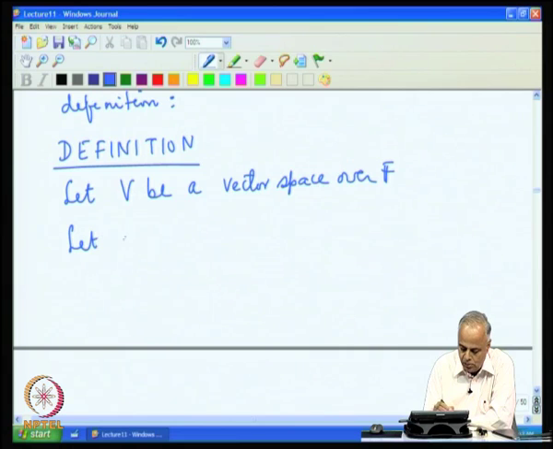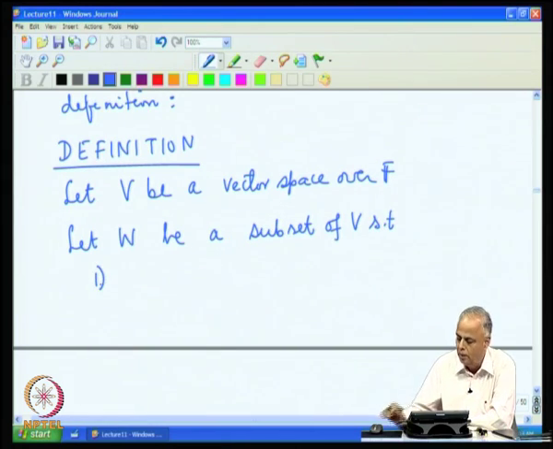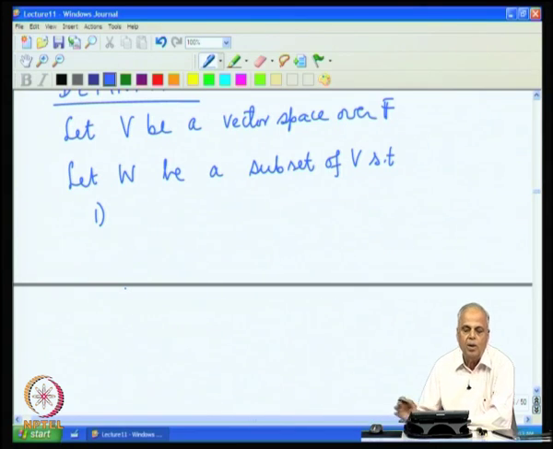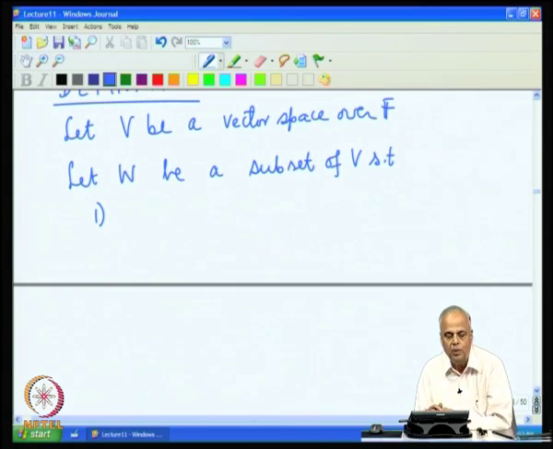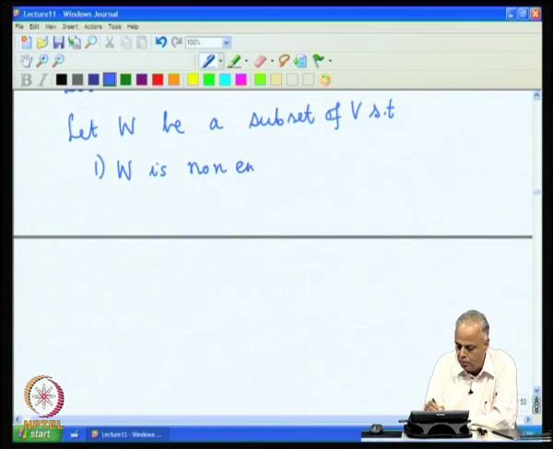Let W be a subset of V such that, one, remember LS had lots of vectors, the 0 vector was in LS because the 0 vector can be written as the linear combination of any set, and every S vector was already in LS. So, LS contained quite a few vectors. So, it was non-empty. So, we would like W to be non-empty.